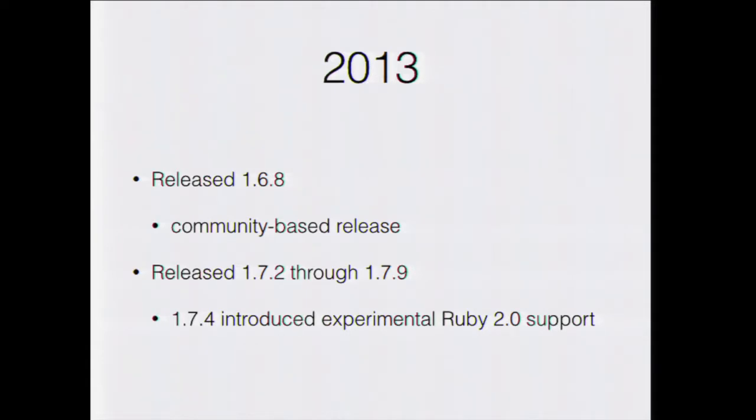If you are still on 1.6, please consider moving up to 1.7 because it's massively better. And we released 1.7.2 through 1.7.9 last year. 1.7.4 introduced Ruby 2.0 support, which is still considered experimental. And we branched 1.7 development so that we can forge on to the next and best JRuby ever.